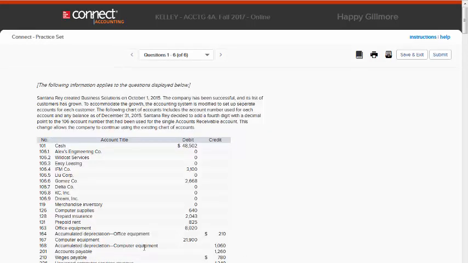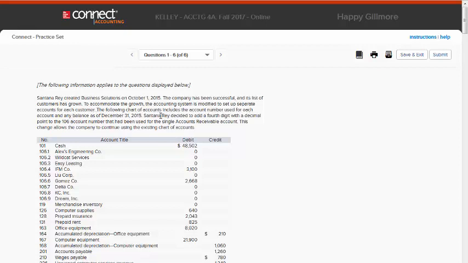So here are our account balances. It says Santana Ray created Business Solutions on October 1st, 2015. The company has been successful and its list of customers has grown. To accommodate the growth, the accounting system is modified to set up separate accounts for each customer.